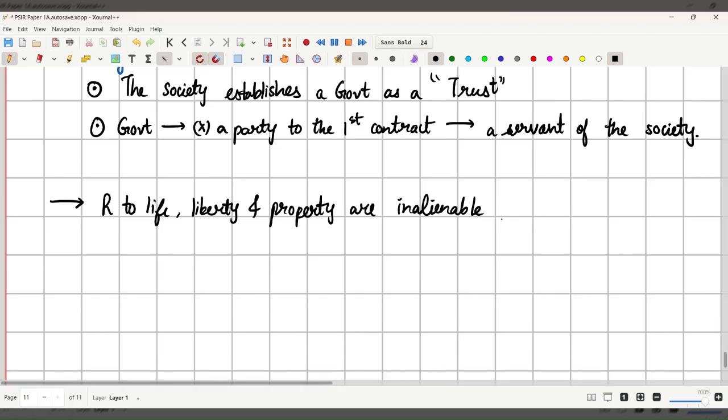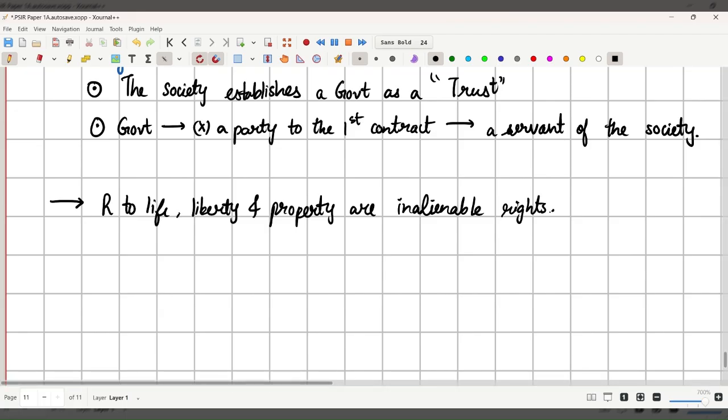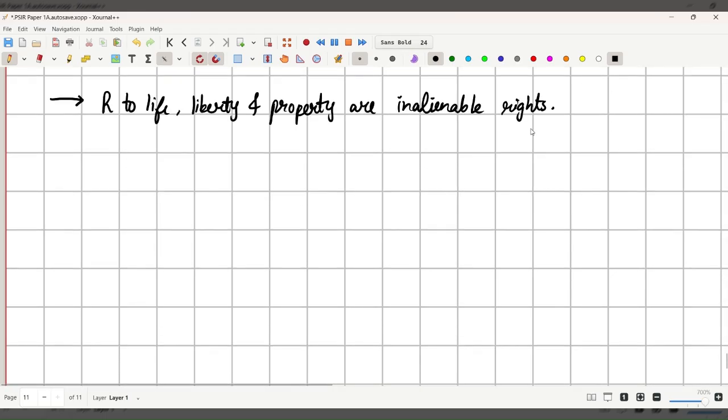Then what is basically the nature of the Lockean state?